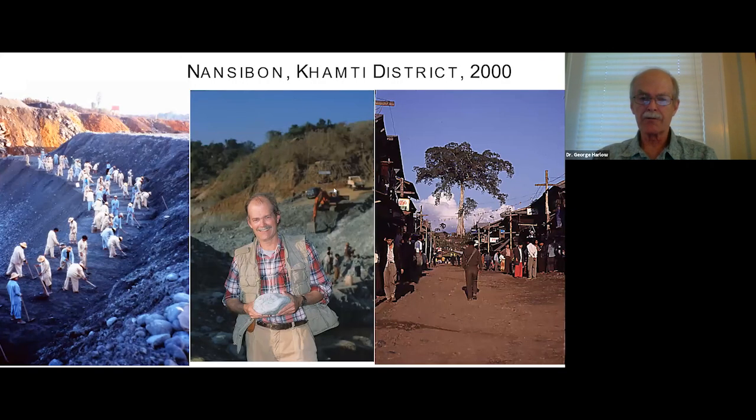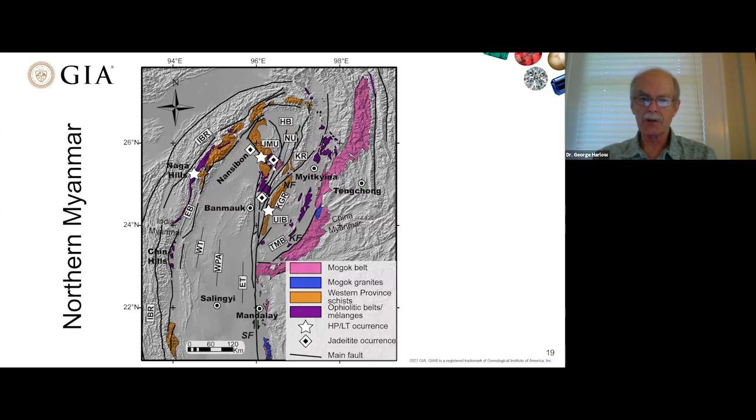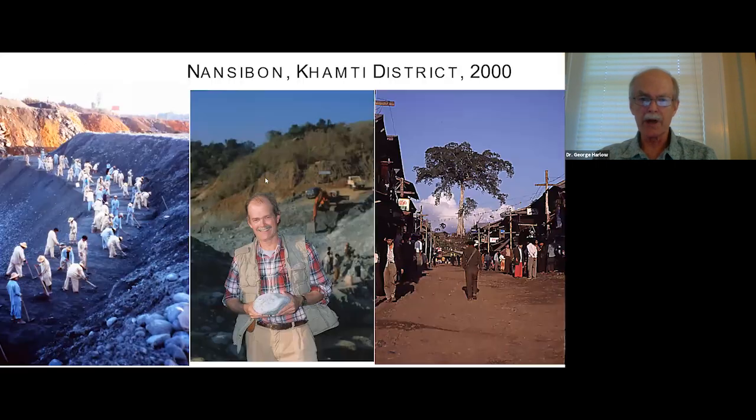So in terms of this place up here in the jade tract, I'm actually going to show you pictures from Nansibon, where we went in the year 2000, and I think we were the first Europeans to ever be seen there. So here is a group of workers. Notice they're all in white overalls and covers. They have no pockets. They're not allowed to put anything in their pocket. And they're basically raking through the debris of the serpentinite and looking for little pieces of jade.